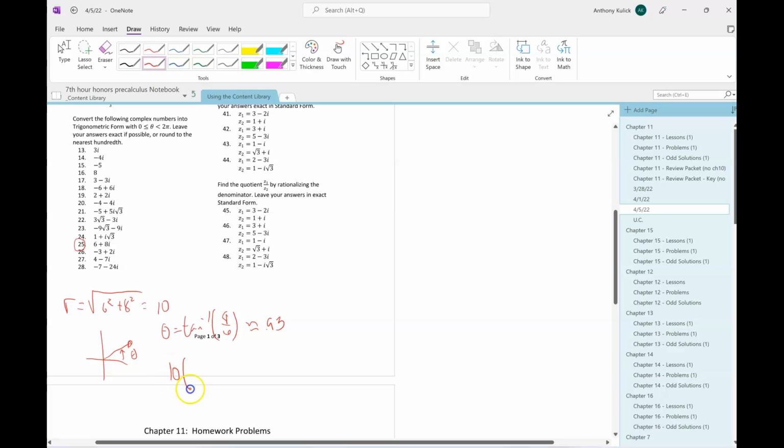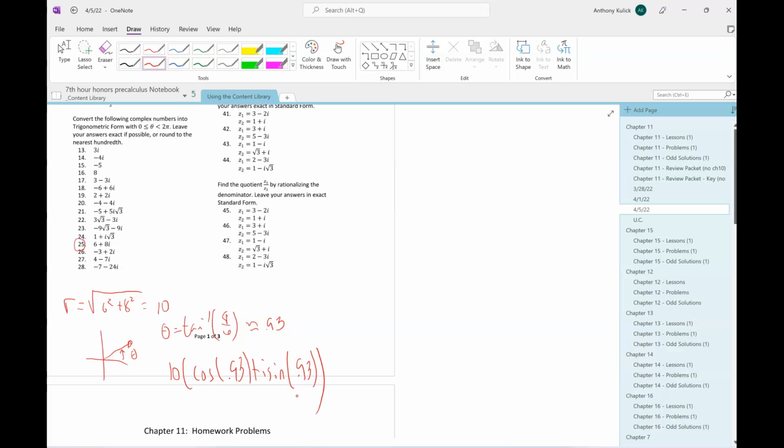So we have 10 times cosine of 0.93 plus i sine 0.93. Is that okay, Ryan? And again, I didn't have to do any adjusting because I was in the first quadrant. If the number was in a different quadrant, we might have to add or subtract 180 or 360 or whatever.